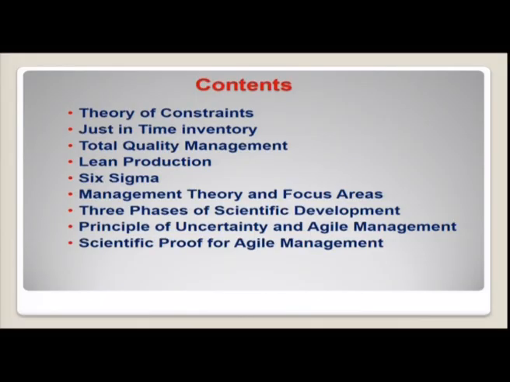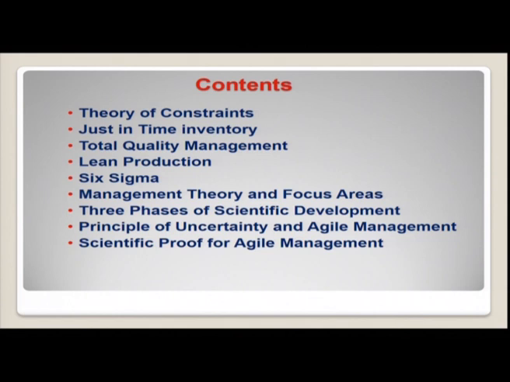As far as the contents of today's session are concerned, we will be seeing theory of constraints, which is shortly called TOC, just in time inventory, shortly called JIT, total quality management, shortly called TQM, lean production, shortly called LP, and Six Sigma. We will also consolidate those theories and see what the focus area is about.